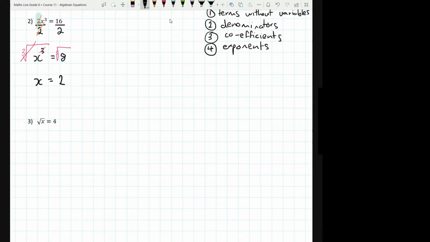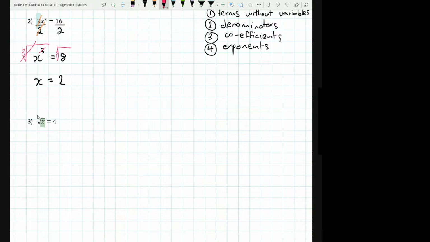How we do that is we say, okay, well, I want to get x by itself. To get x by itself, I have to get rid of the square root. So can you guys tell me what's the opposite of a square root? What is the inverse operation of a square root?